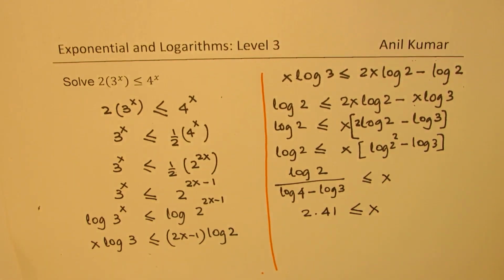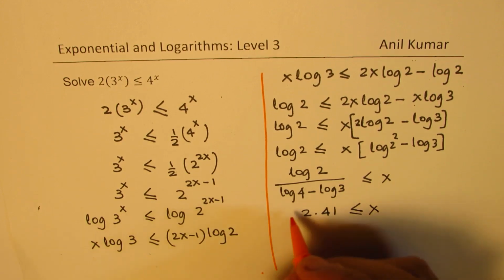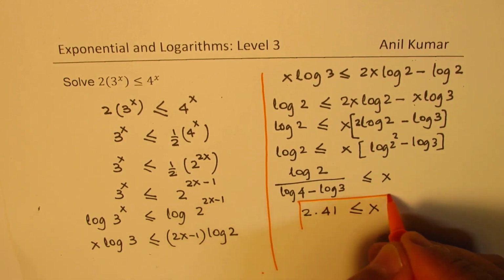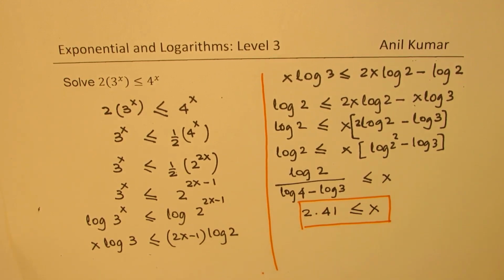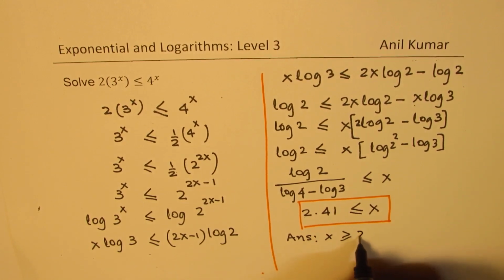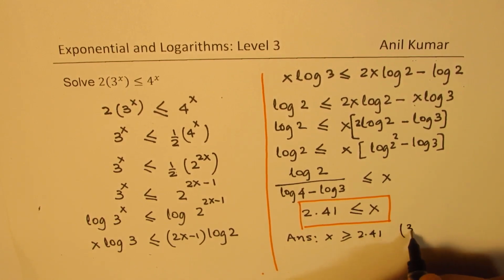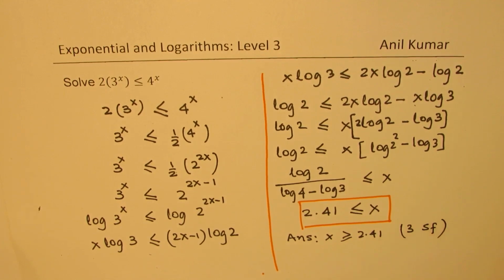Correct? So we get a solution as x should be greater than or equal to 2.41 in this particular case, right? To 3 significant figures. So that could be a good answer: x greater than or equal to 2.41 if we are taking 3 significant figures.